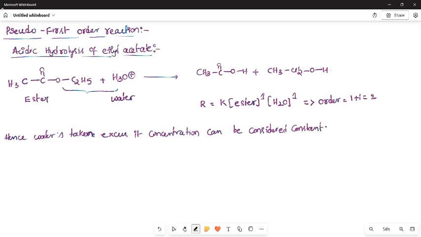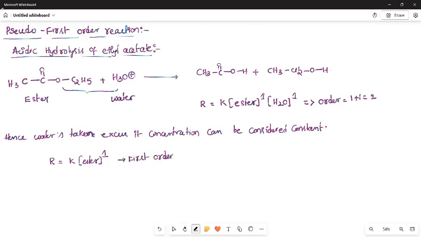Then see what the equation becomes. Rate is equal to k into concentration of ester only. The entire rate of the reaction depends upon the concentration of the ester. Even though you are taking two molecules, that is a bimolecular reaction, the rate of the reaction depends upon only one concentration term. Hence, this is a first order reaction.